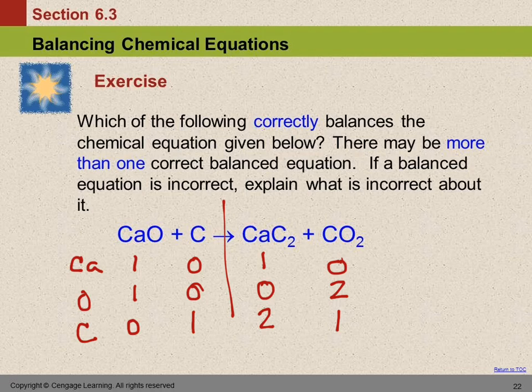Another way to say that is if you have an element that's all by itself, like your carbon, leave that one for last. Don't balance that one first. Leave that for the last, because when it comes down to the end, you could adjust the C without messing up anything else.